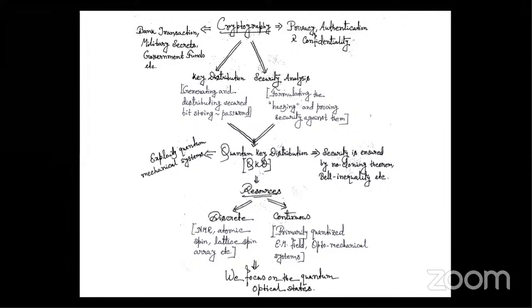Now, from the research point of view or the practical work point of view, one can broadly classify the entire study of cryptography into two parts. One is called key distribution, another is security analysis. Key distribution, what do we mean by key? It's nothing but a secured bit string, what we call in the classical world the password.